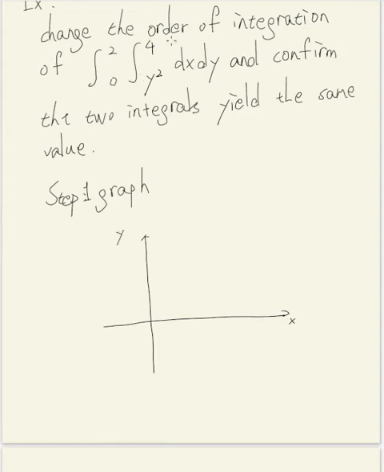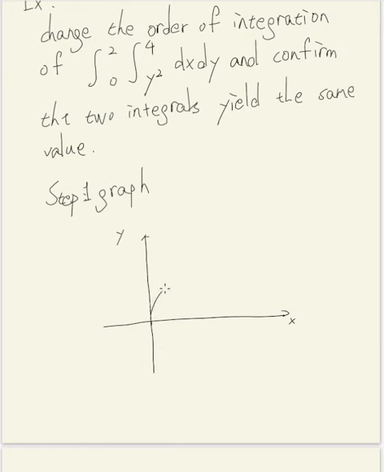Now, let's look at the inner integral. Since we're integrating with respect to x, it tells us the left bound for this shape is x equals y squared. Now, what does x equals y squared look like? We know y equals x squared is a parabola, so x equals y squared is a parabola facing right.